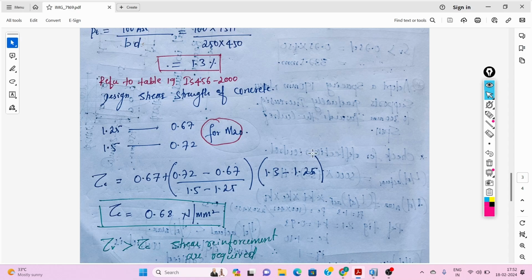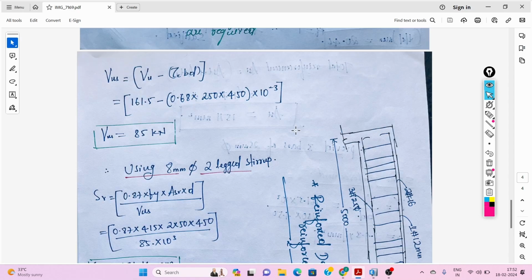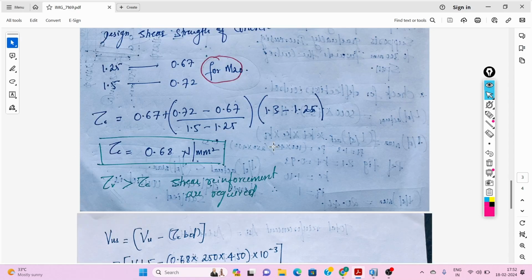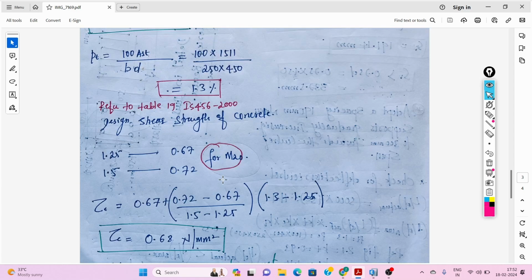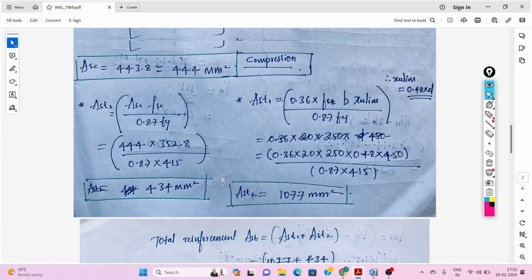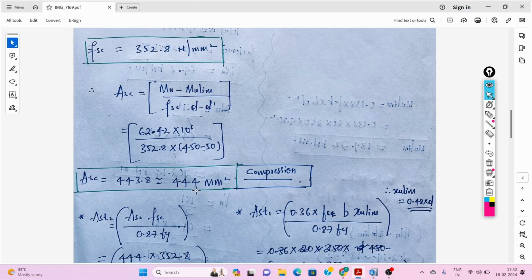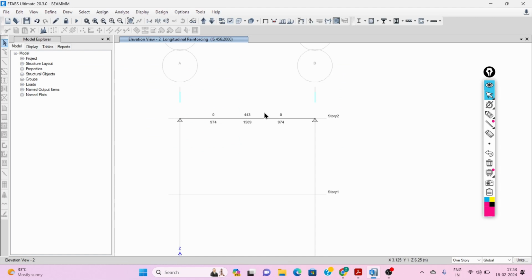Here we are getting area of steel in compression zone. In manual we are getting 443.8, and here also we are getting 443.